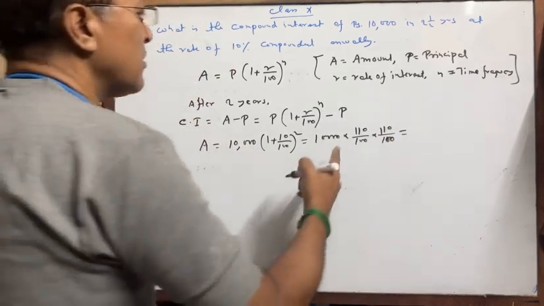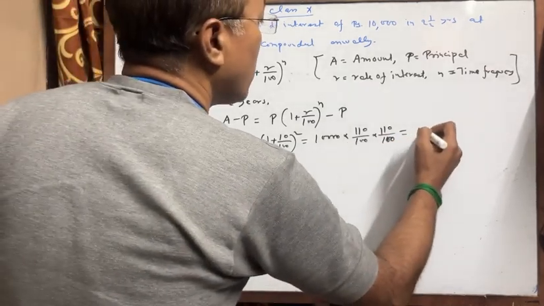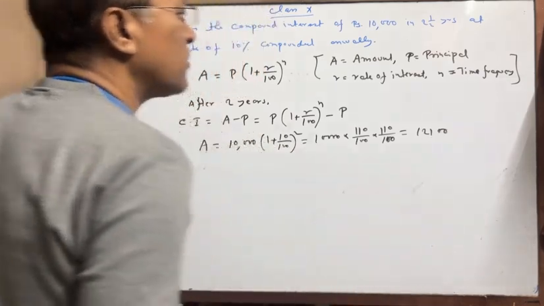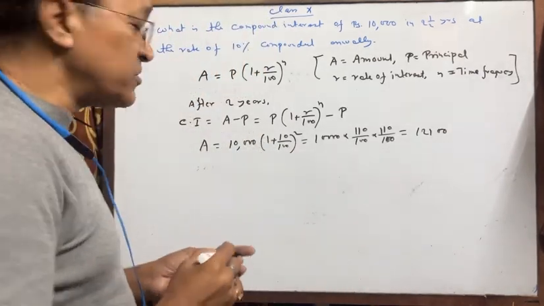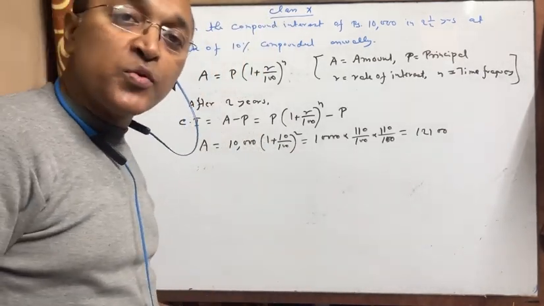Ultimately it comes as 12,100. 12,100 becomes the amount after 2 years.